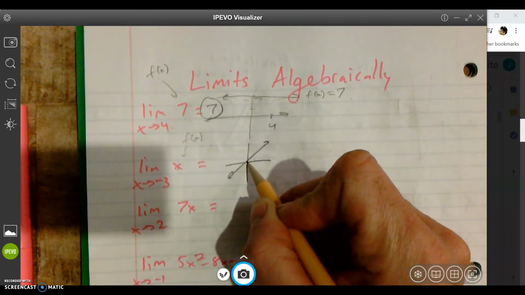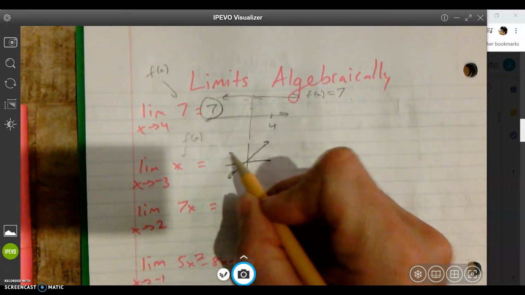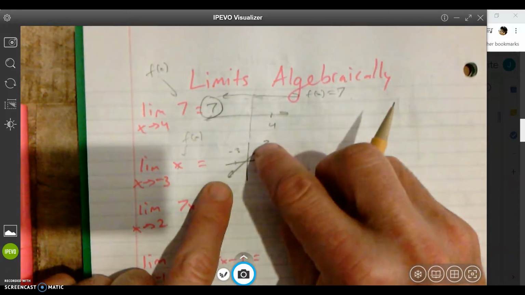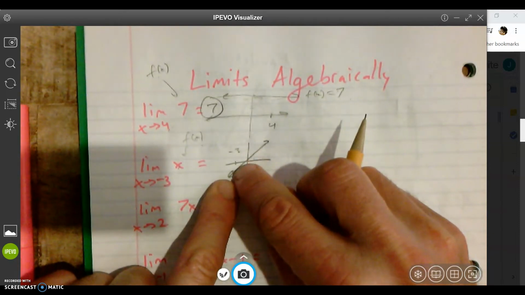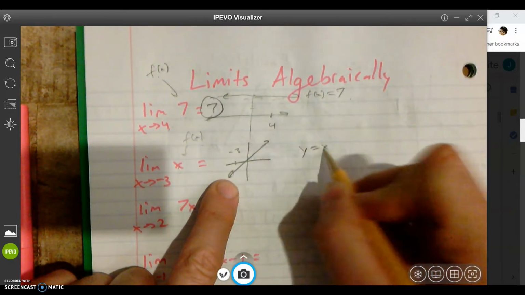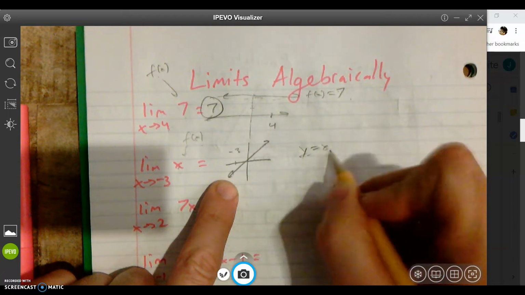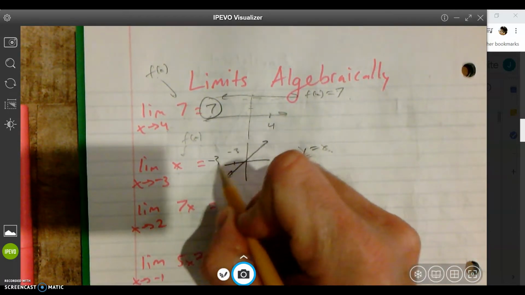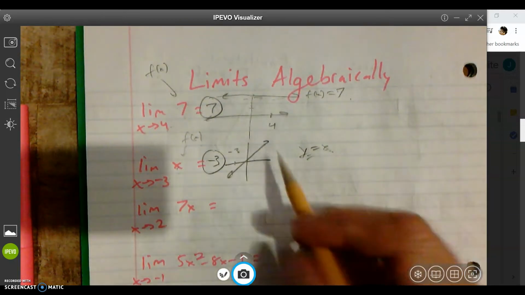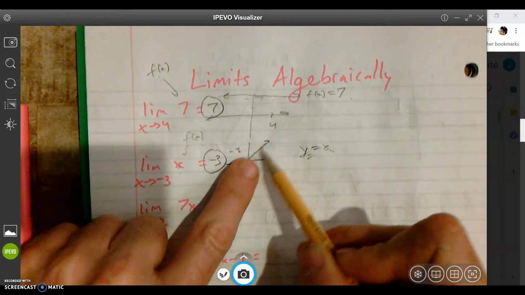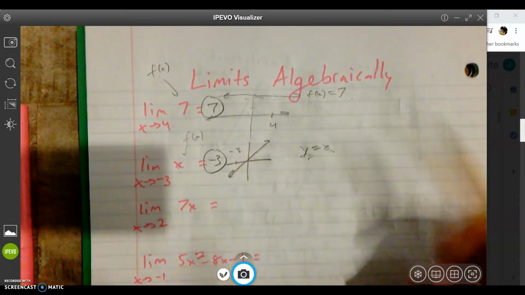As x approaches -3 from both directions, what y value are you approaching? Well, when y equals x, the y and the x are the same thing. And so that also will be -3. Boom. If the limit as x approaches 2, from both sides, it'd be the same thing, so y equals x, the answer would be 2.